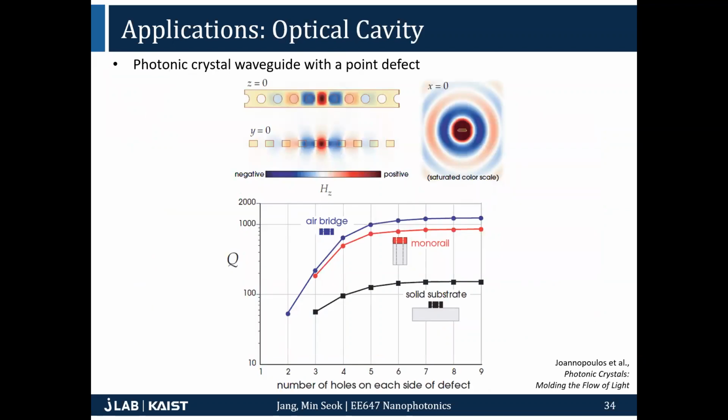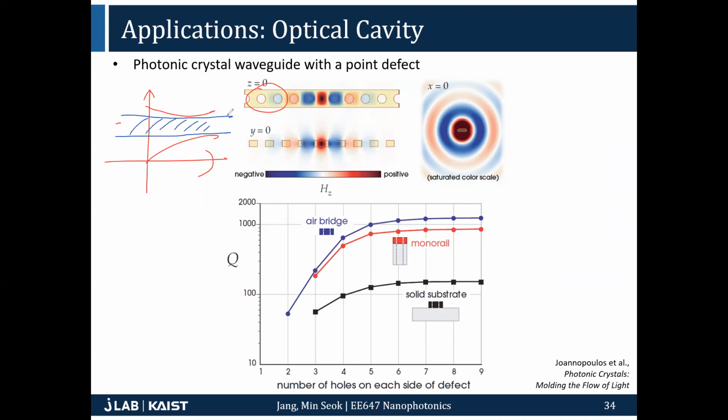And then you can also create, if you have a point defect, an optical cavity. Okay, and I already mentioned this multiple times, so I don't want to go into too much detail. But what happens is that let's say this photonic crystal has some band gap. So here you have a band gap.